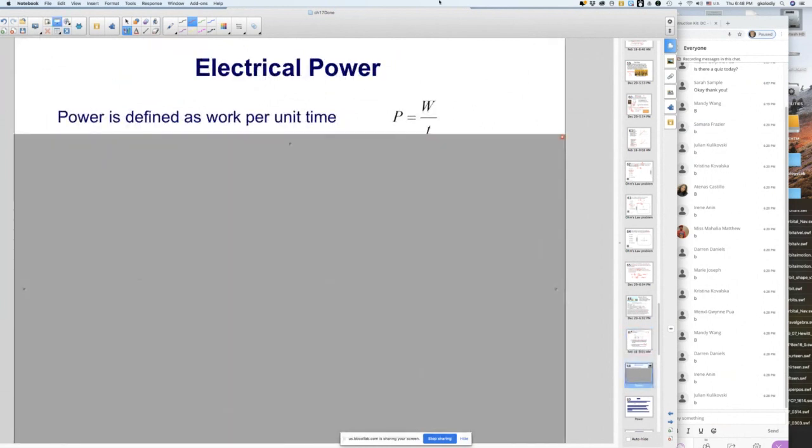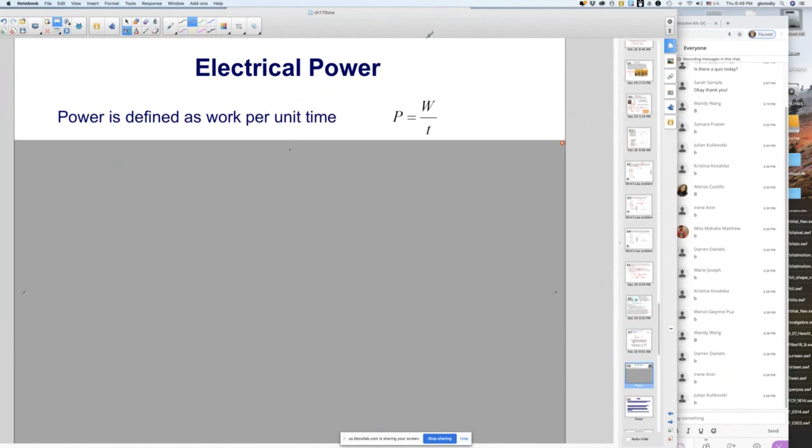So how do you find electric power? Power is defined as work done per unit time. Now you may have done a little bit on power in physics 1, maybe not. You may not have gotten to it, but basically power is work divided by the time to do that work.